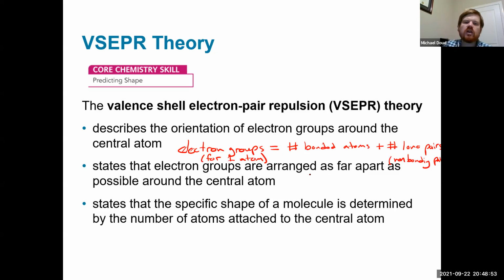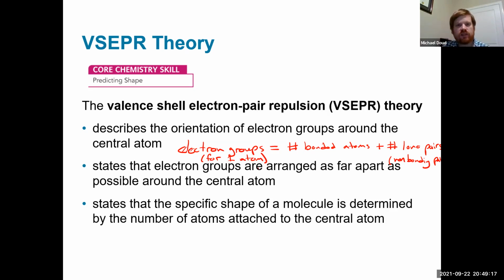Now, what is something that electrons have in common? Every electron has a -1 charge, right? So when an electron sees another electron, how do they interact? They repel each other because they have similar charges. So the idea here is that any bond that's attached to a central atom is negatively charged.